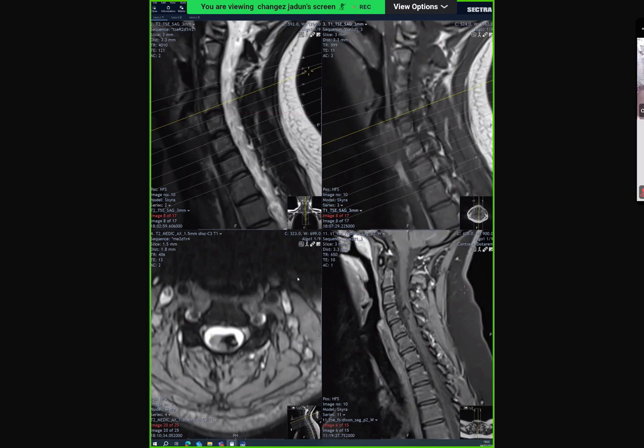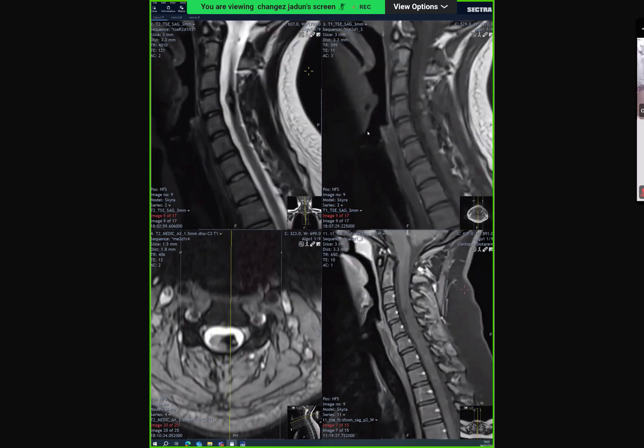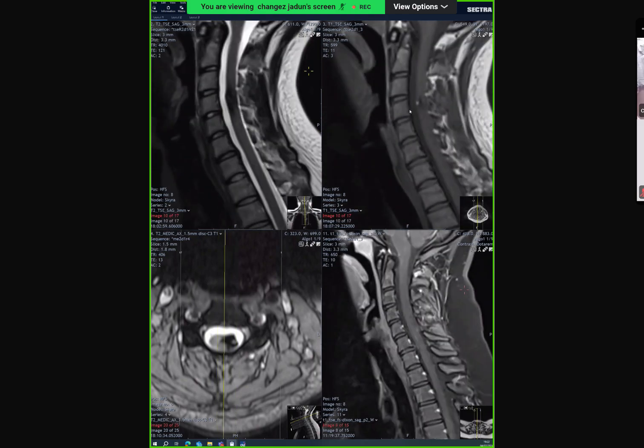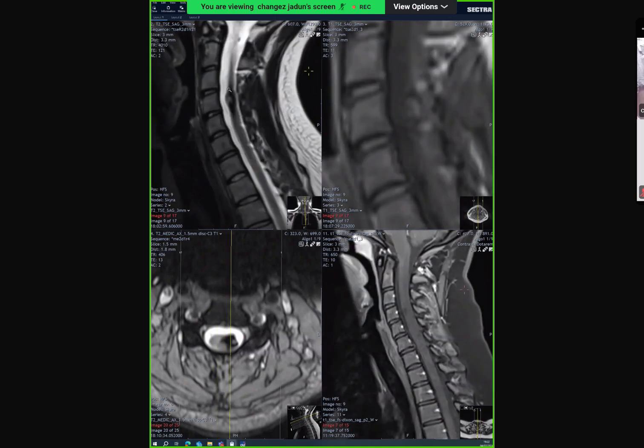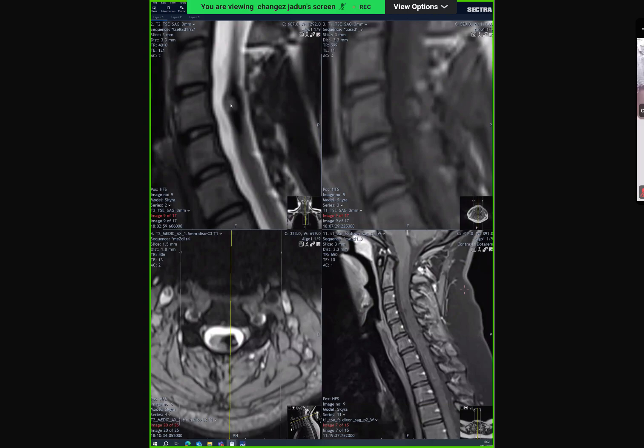So let me wrap it up for you. It is a lesion which is low T1, with marginal central T1 high signal. It has a hemosiderin low signal rim with a bright T2 center. It is occupying the left half of the cervical cord at C4 level.